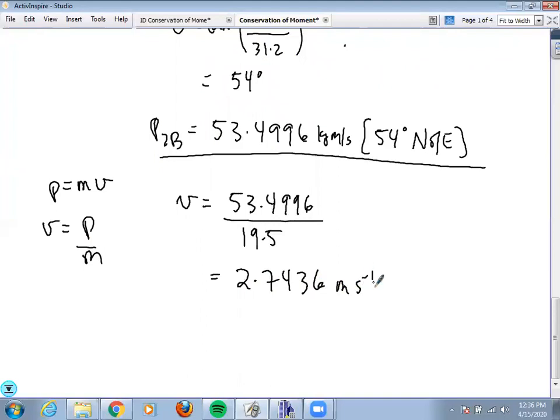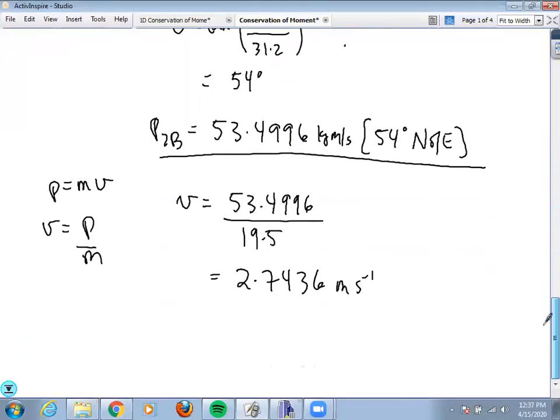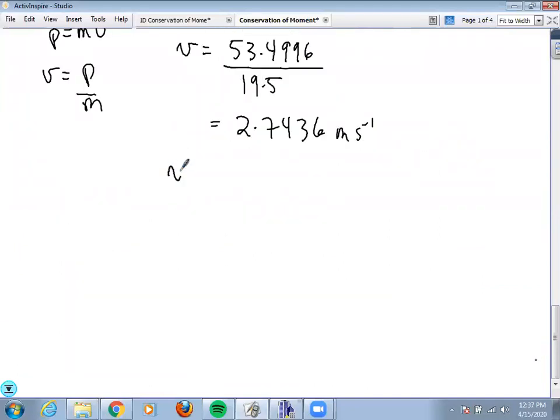2.7436 meters per second. Now, if we are going to attend to sig figs, we have 2 sig figs as the least number. So our final answer that we would box, the velocity of the second stone after the collision, would equal 2.7 meters per second.